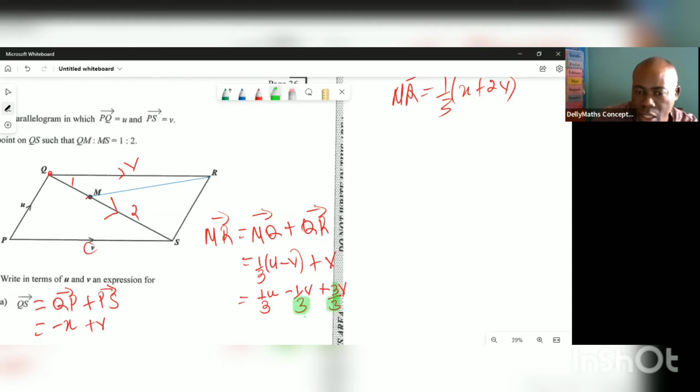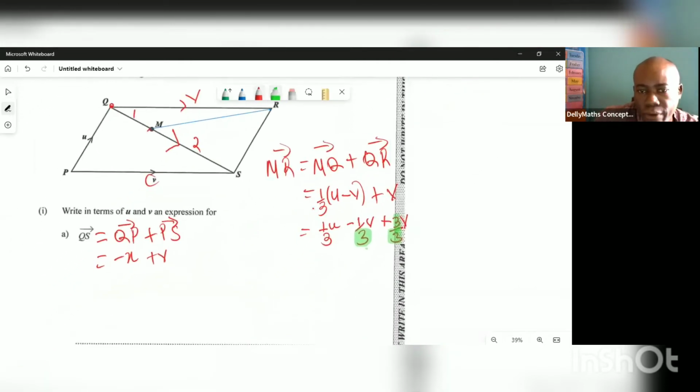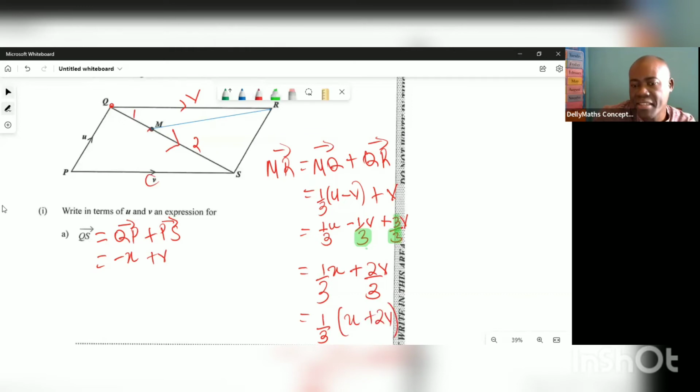It is still 1 because 3/3 is 1, so that we can see the 2/3 coming out easily. So I'll get 1/3 U plus 2/3 V. Now if I factorize out 1/3, I will get 1/3 outside, and a U and a 2V left on the inside.